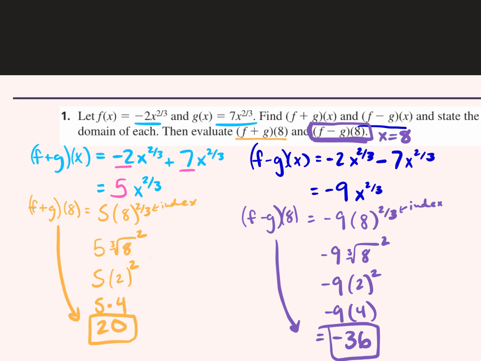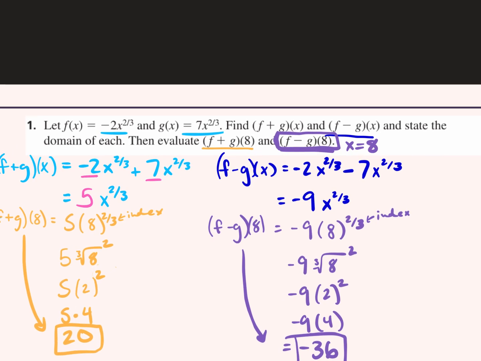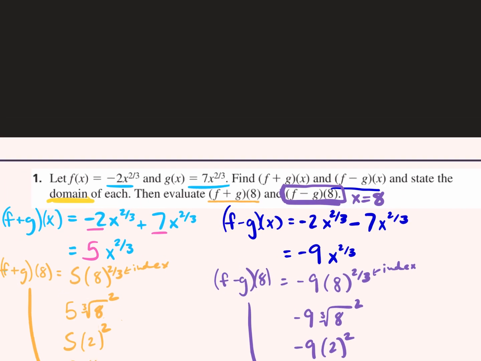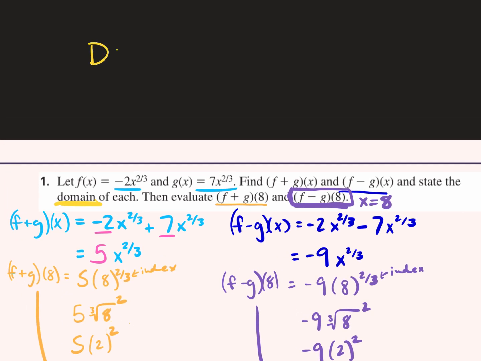Last part of this question is to find the domain of each. So let's find the domain. So remember, the domain, we're looking at the overlap. I'm going to draw my number line.